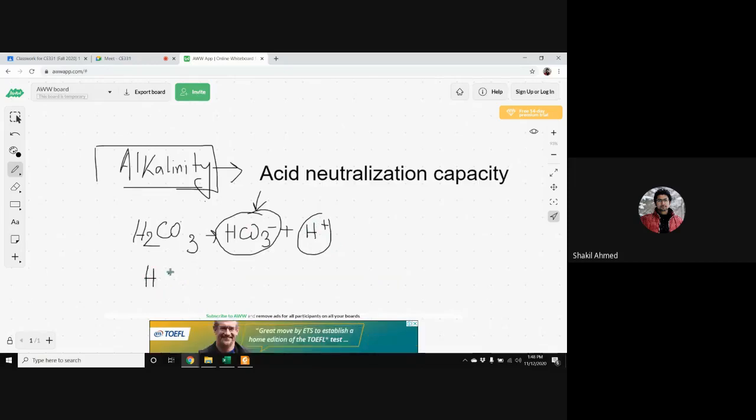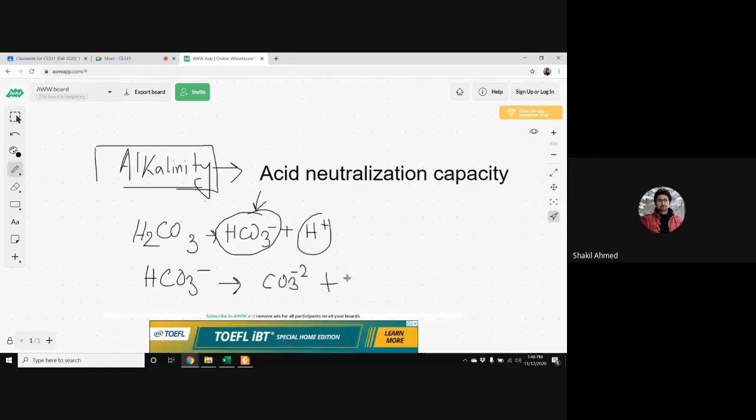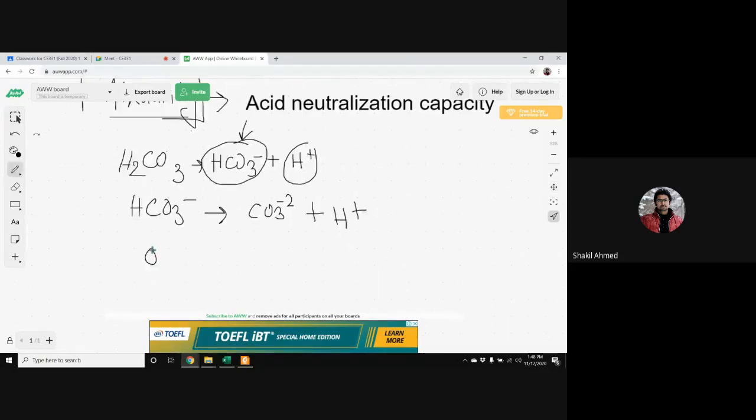Then again, HCO3 can give carbonate ion and hydrogen ion. So this has the capacity to capture hydrogen ion, right? And we can also get alkalinity from hydroxyl ion.